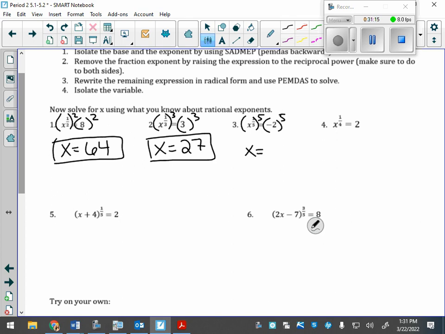Negative 2 to the 5th would be what? Braden? 32. Wait, no, it would just be negative. Negative 32. Excellent. Good.